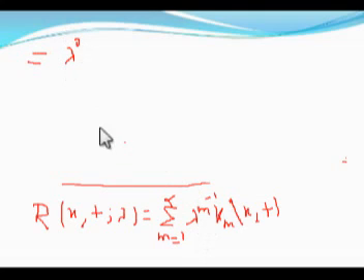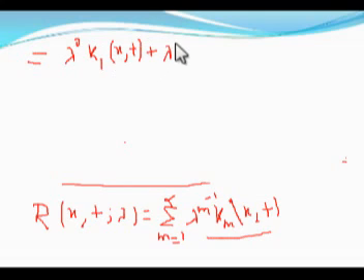If we expand the series, then we will get lambda 0 k1 x t, and in this way the second term lambda 1 k2 x t, and then lambda square k3 x t, and so on.